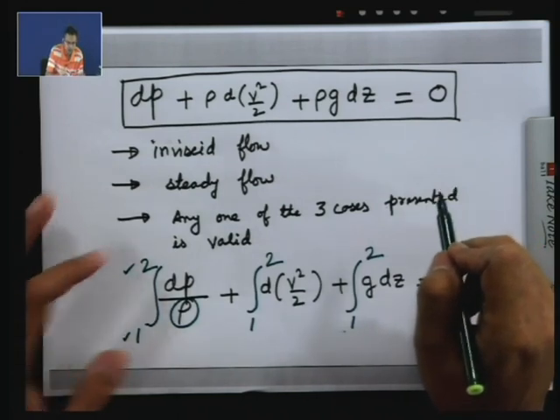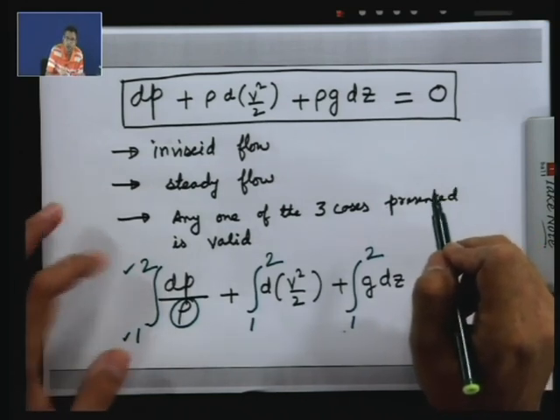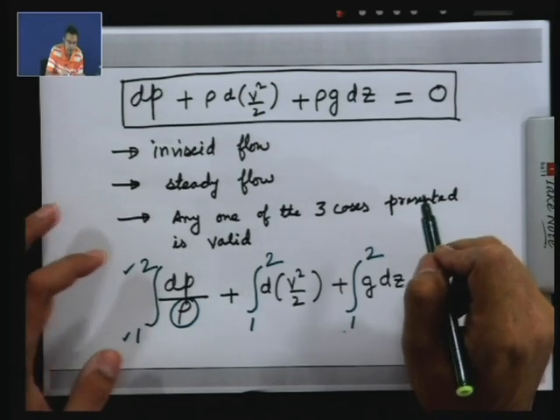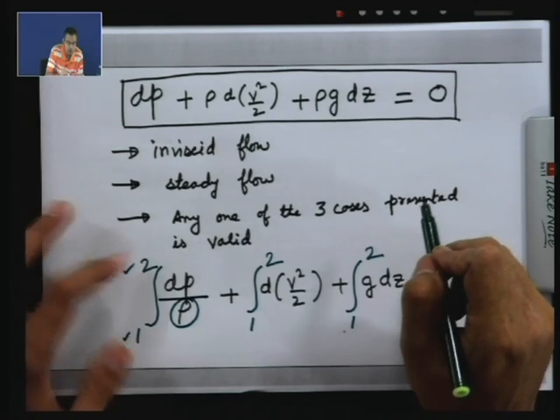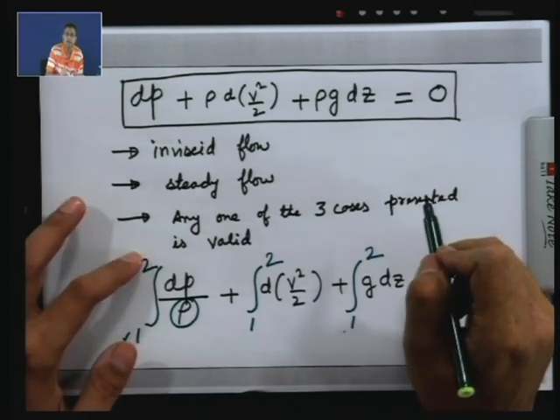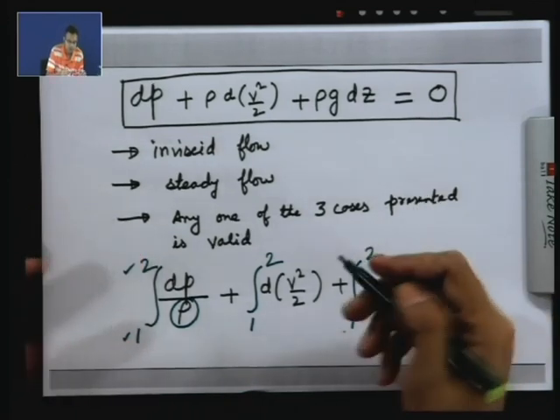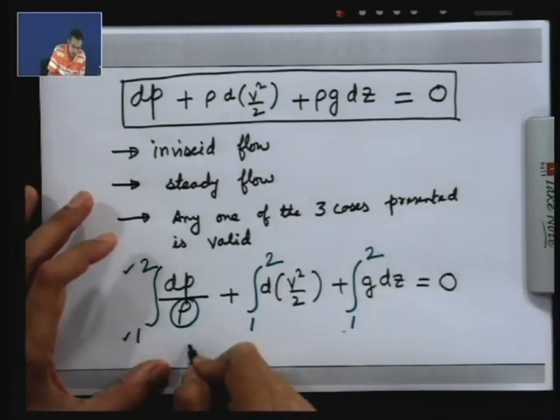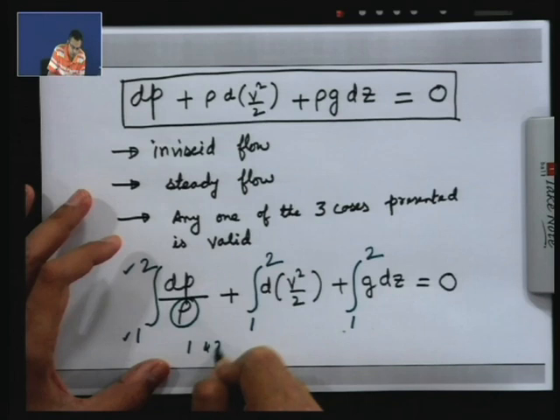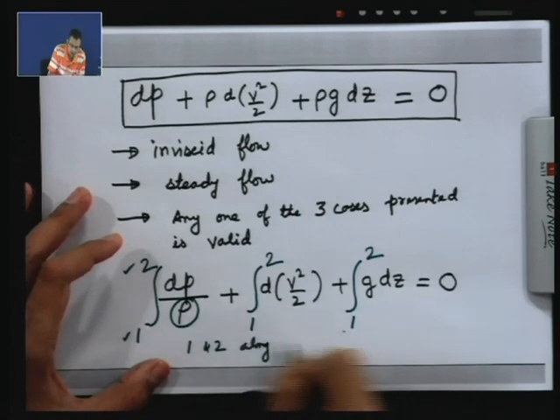If we take the line element along a streamline, then we can integrate this equation between 2 points along the same streamline, does not matter whether the flow is irrotational or rotational. So, 1 and 2 along a streamline.